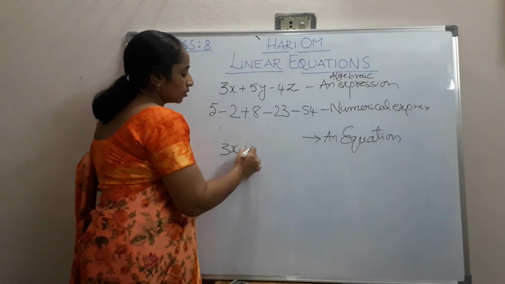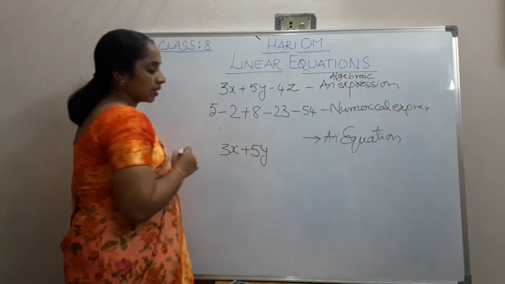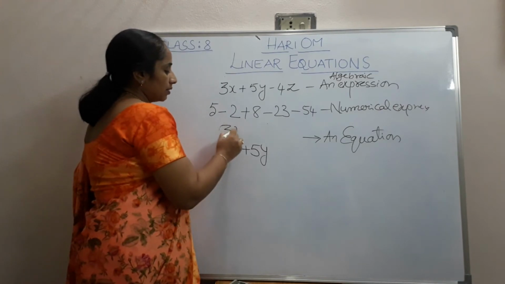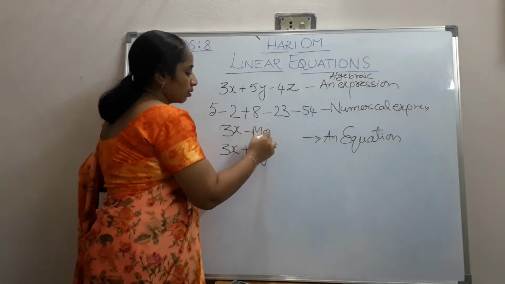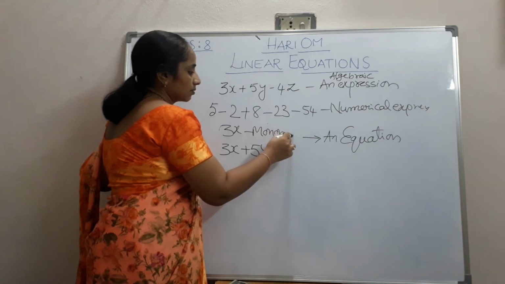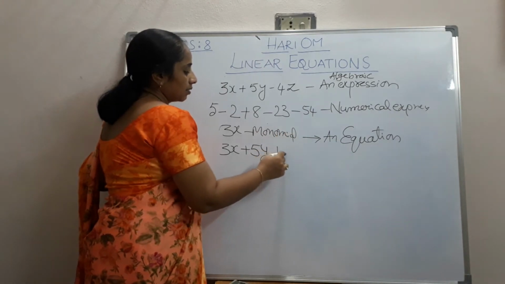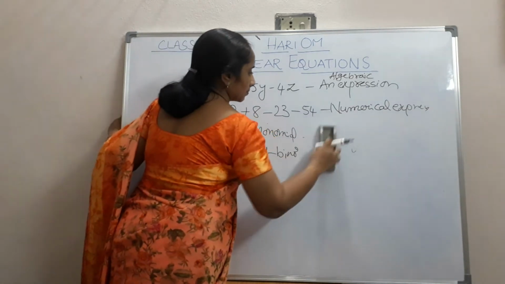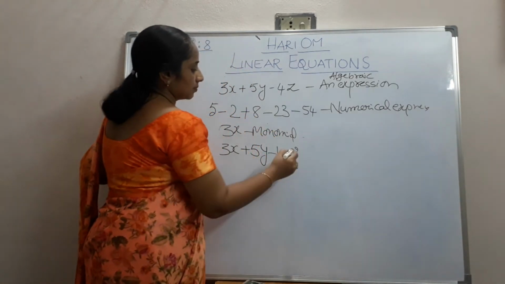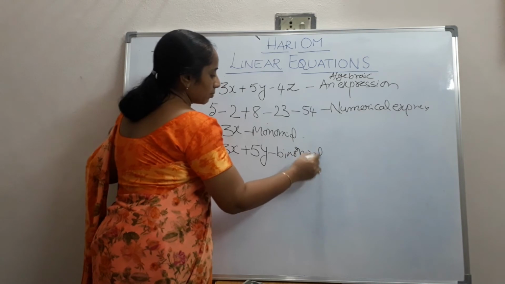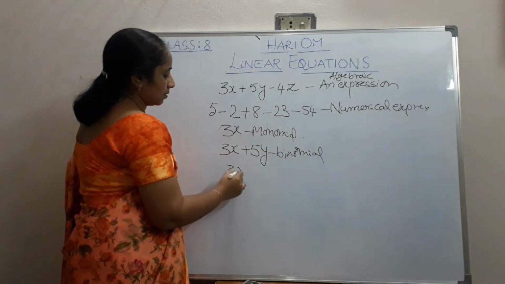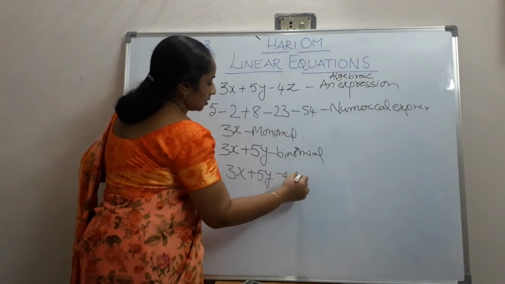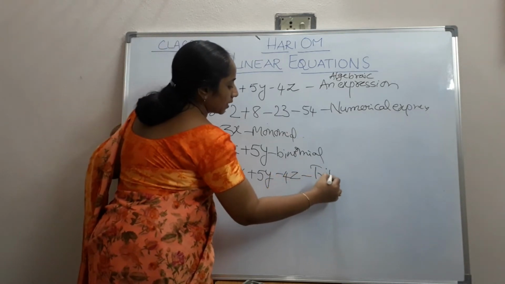If we have two terms, it is a binomial. If we have three terms, it is a trinomial.